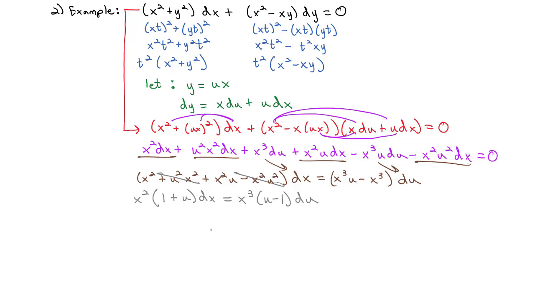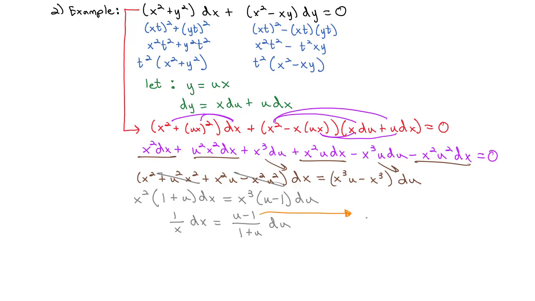Dividing to get the correct separation of variables. When we divide by x cubed, we get 1 over x dx is equal to (u minus 1) over (1 plus u) du. Finally, we've separated. We're ready to integrate both sides. But before we do, I'm going to do some long division on that fraction to make it easier to integrate.